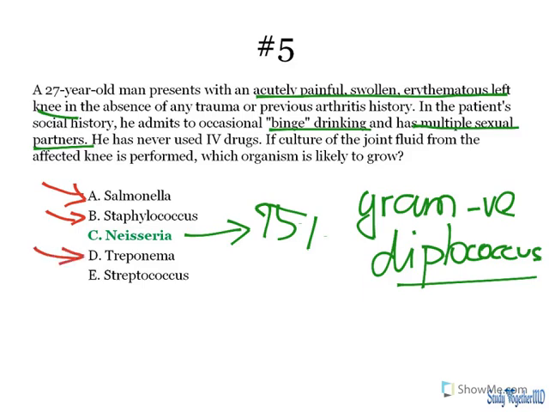Treponema causes syphilis, easy to exclude in this case, and then streptococcus accounts for 20% of cases of septic arthritis, and they're usually found in children. And that should be it.